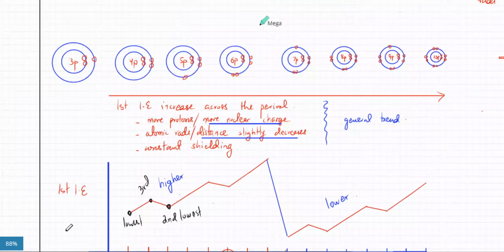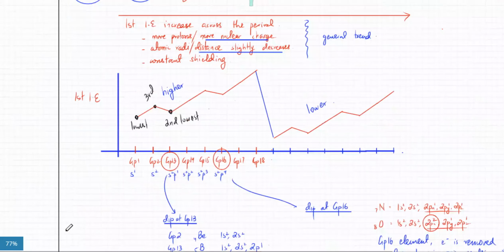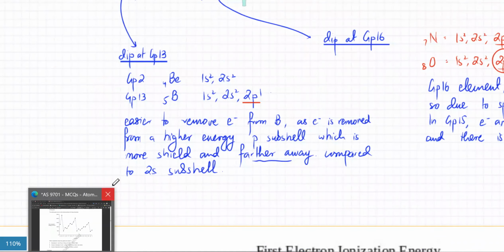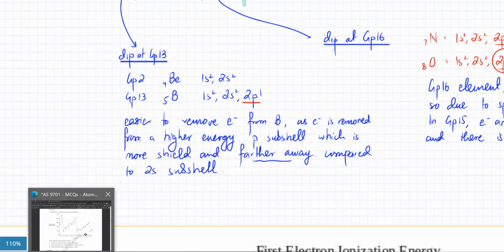You've got more and more protons, so the electrons become closer to the nucleus. But at group 13, because of slightly greater shielding, even though electrons are closer to the nucleus, it becomes easier to remove electrons, because all of a sudden you've got more orbitals at group 13.